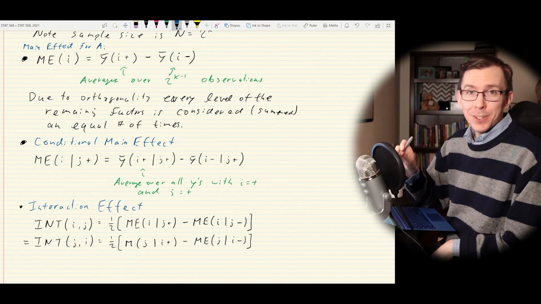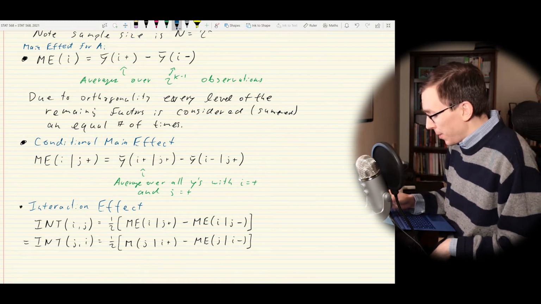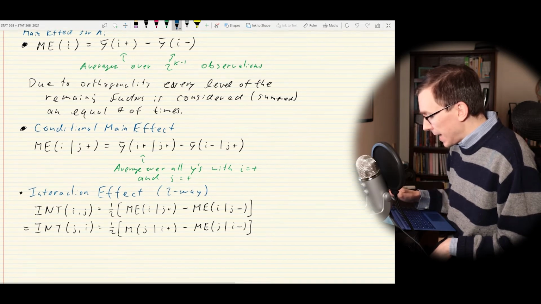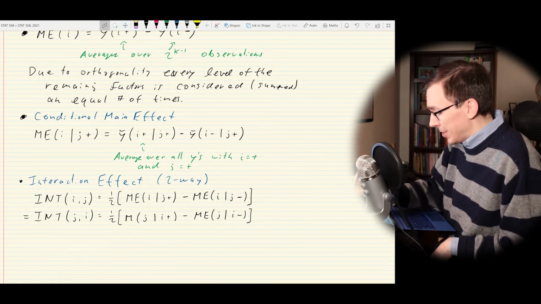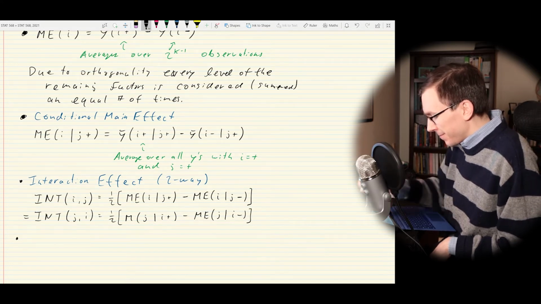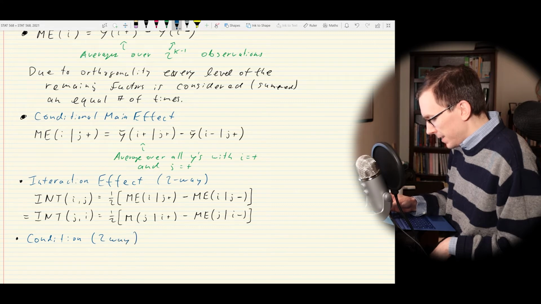To get to a three-way or higher interaction, first what I'll point out is that this is two-way. And then what we'll do is a conditional two-way interaction.